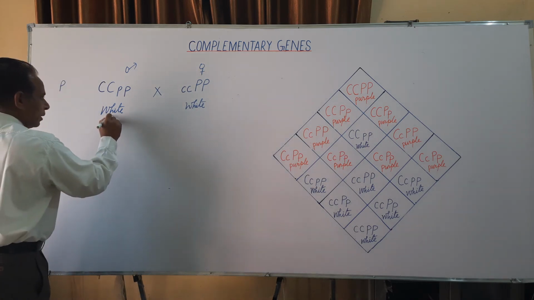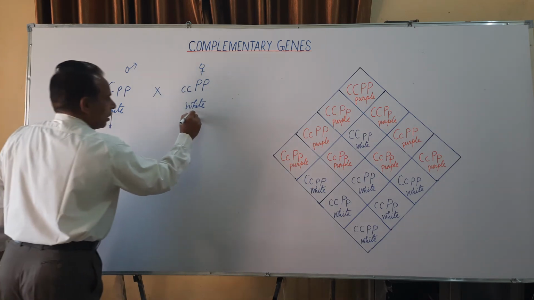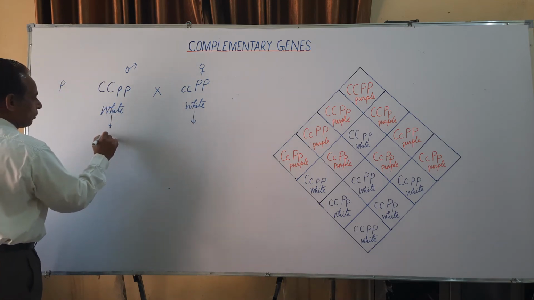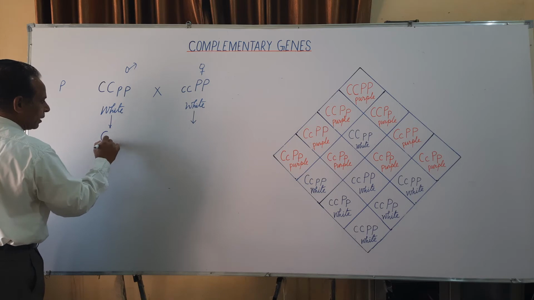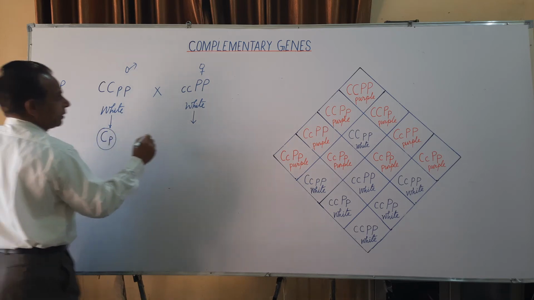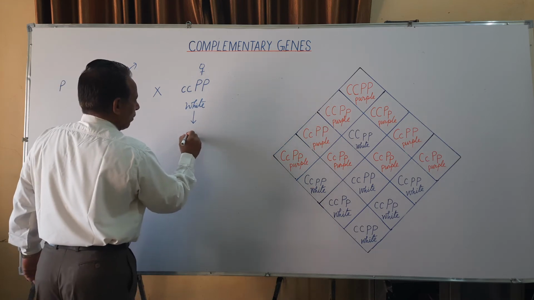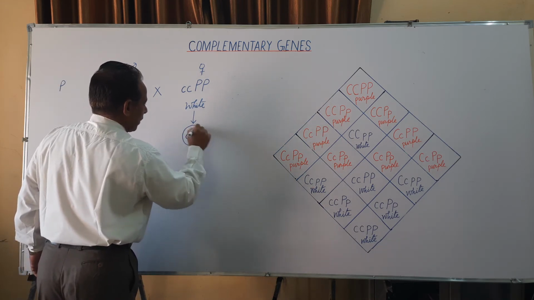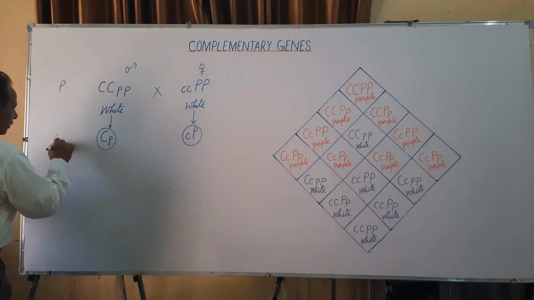We know the homozygous plant always produces one type of gamete. This male plant produces one type of gamete containing capital C, small p, and this female plant, small c, capital P, are the gametes.